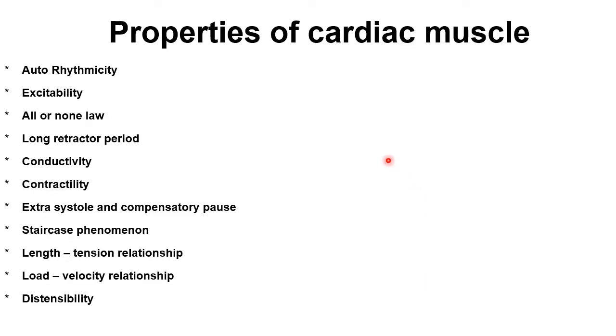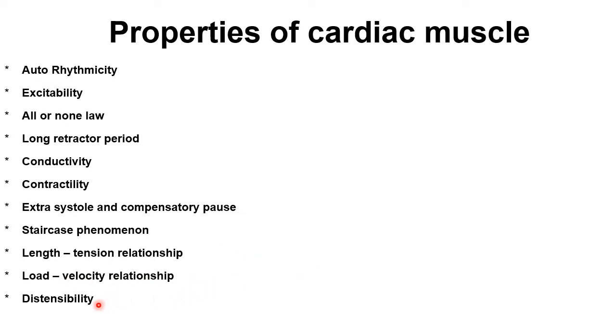Now moving on to the properties of cardiac muscle. Here is the list of properties of cardiac muscle. Number 1, autorhythmicity, excitability, all-or-none phenomenon, long refractory period, conductivity, contractility, extrasystole and compensatory pause, staircase phenomenon, length-tension relationship or Frank-Starling law, and load-velocity relationship.